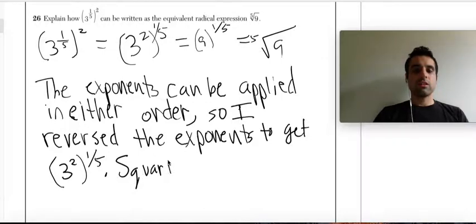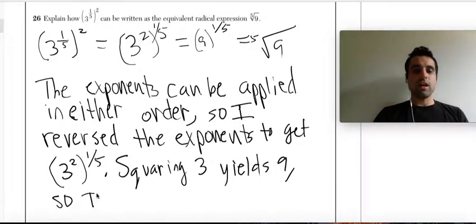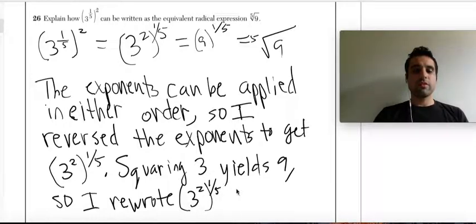Squaring 3 yields 9. So I rewrote 3 squared to the 1/5 as 9 to the 1/5.